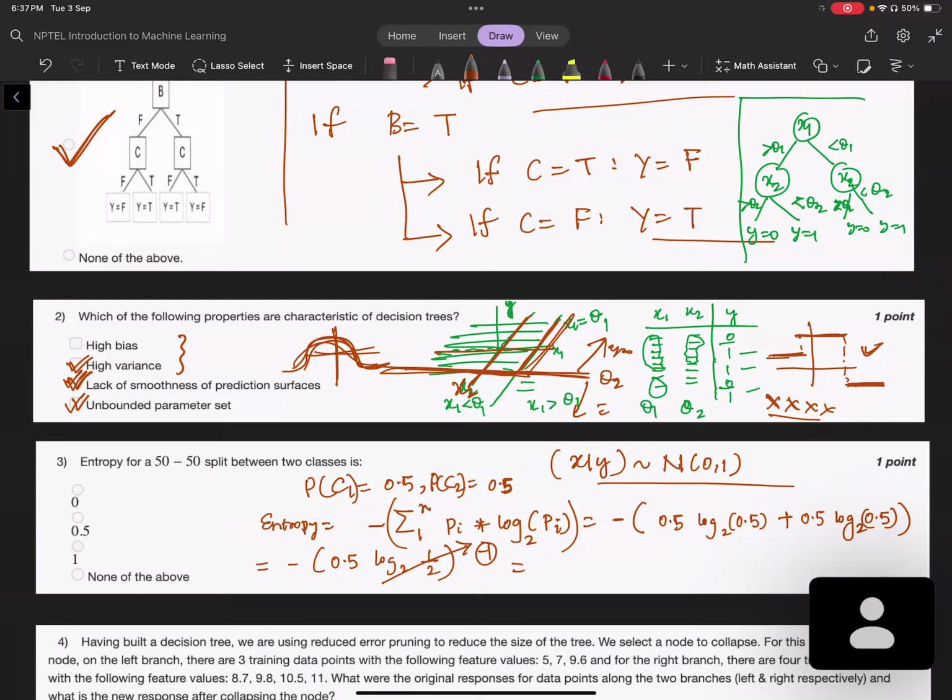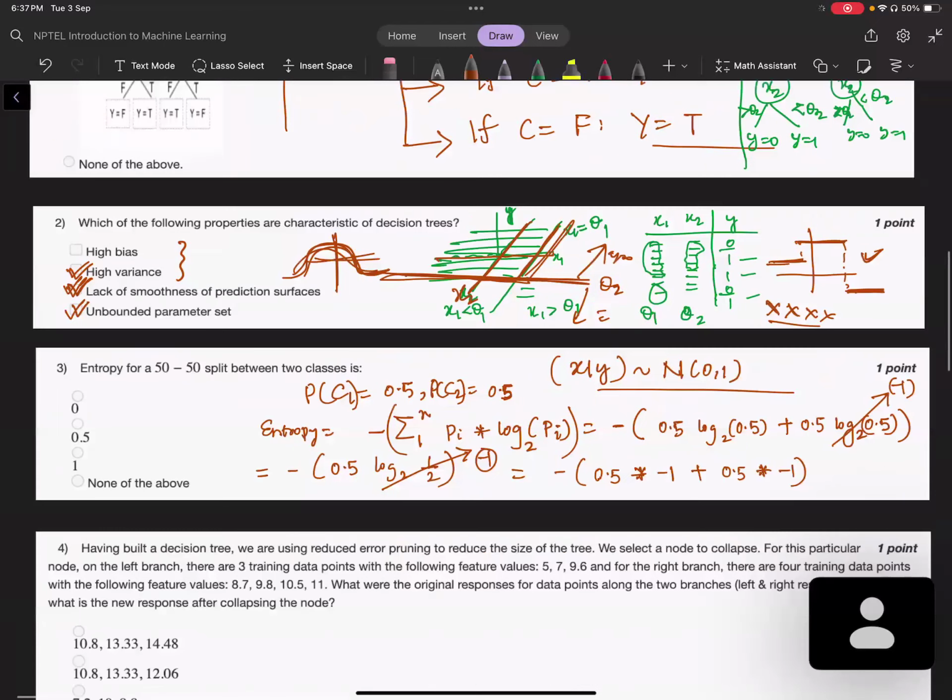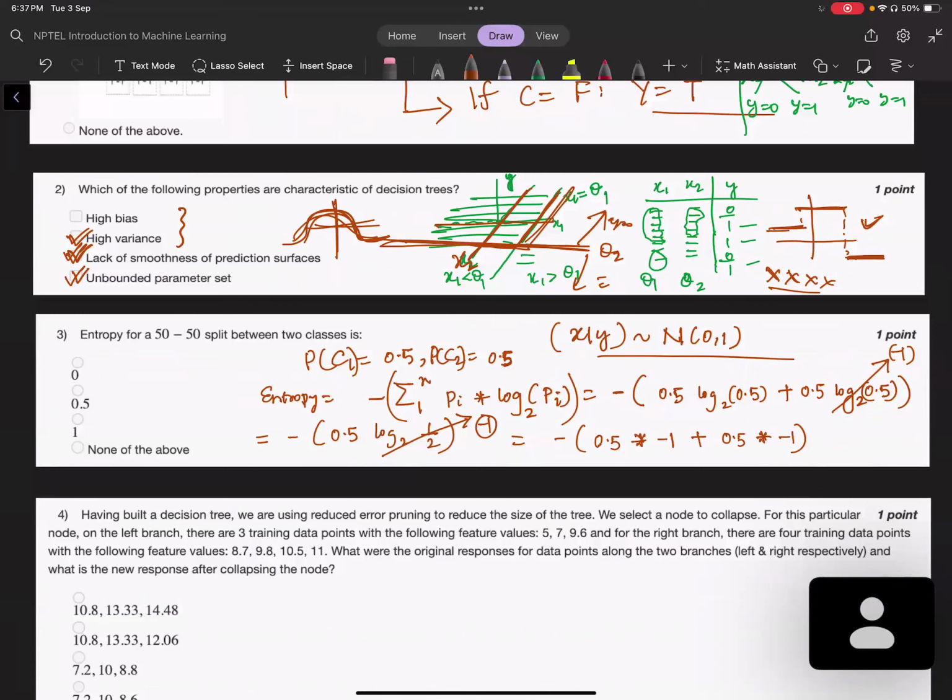So that will be minus 0.5 times log 0.5 base 2, which is minus 1, plus 0.5 times minus 1. So minus 0.5 minus 0.5, it will be minus 1. So option C is correct.